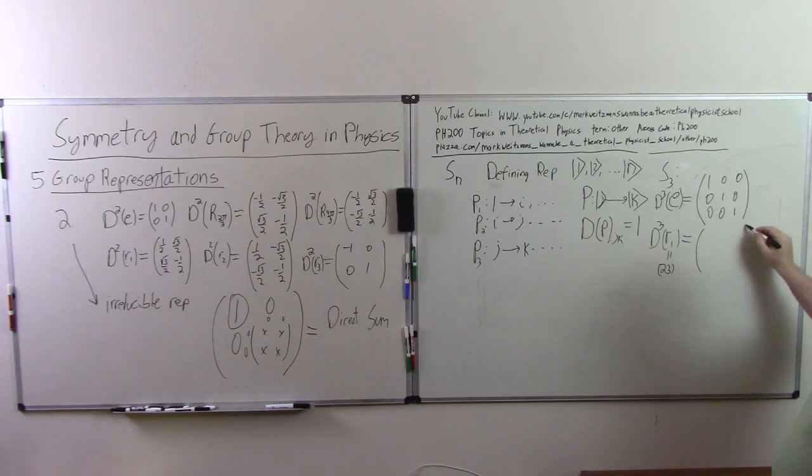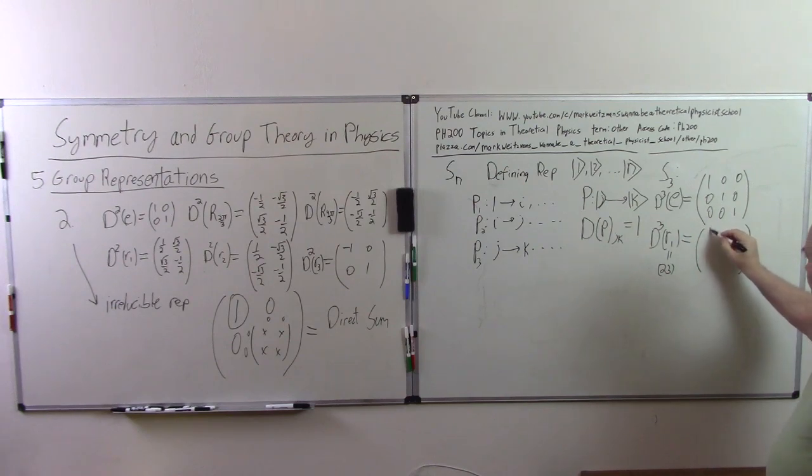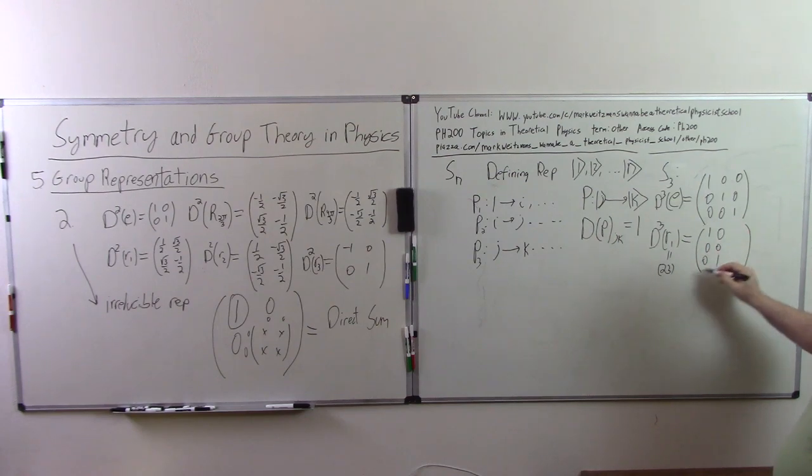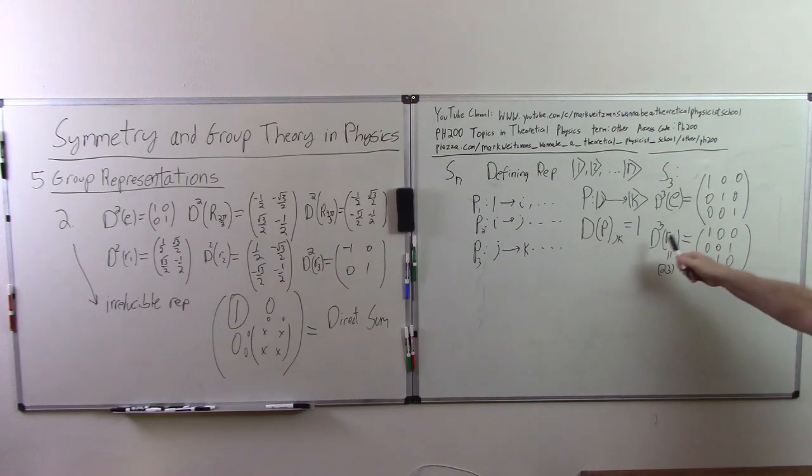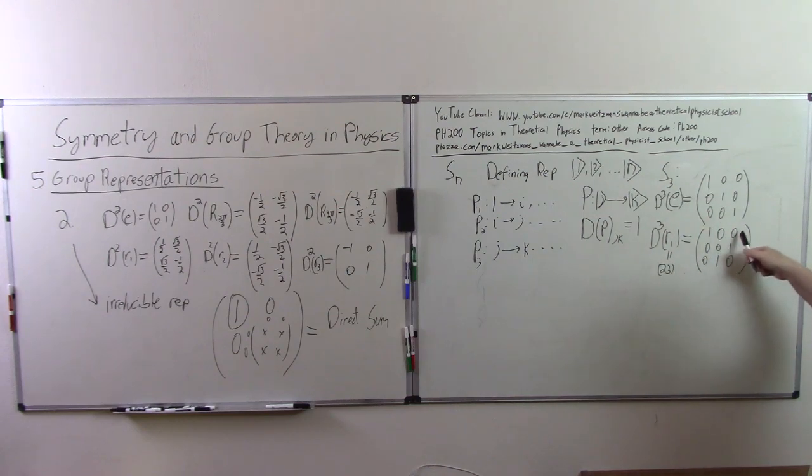So 1 maps to 1, 2 maps to 3, and 3 maps to 2. And what you'll find is in the defining representation for the permutation group, there'll be a single 1 in every row and a single 1 in every column. It's just like you permute them.